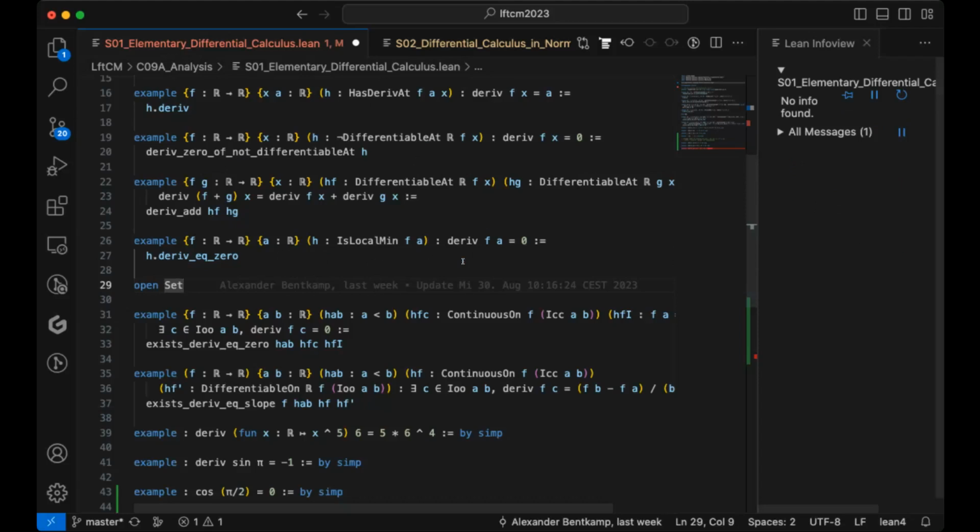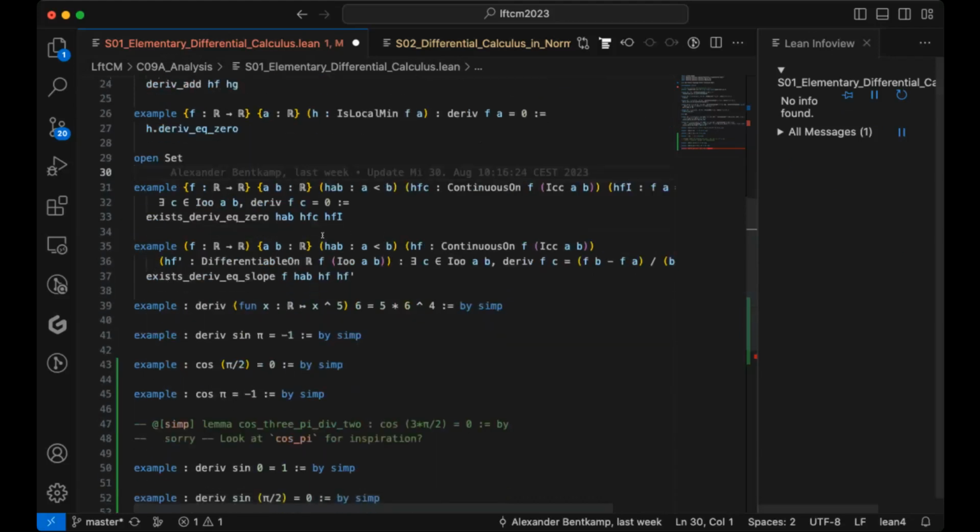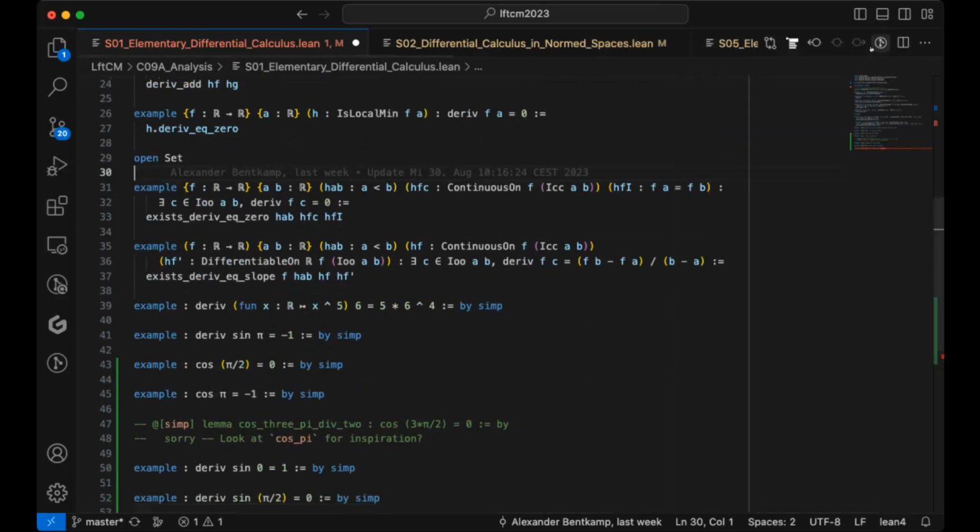So what is the strange thing about that? Can anyone tell me? That we haven't assumed that the function is differentiable. That's a bit odd, but you can see there are even some accidental conveniences to allowing junk values, and this is one. Furthermore, Lean knows about maxima and minima and so on. We have, I guess, a statement of Rolle's theorem, now for a real function taking values in the reals.